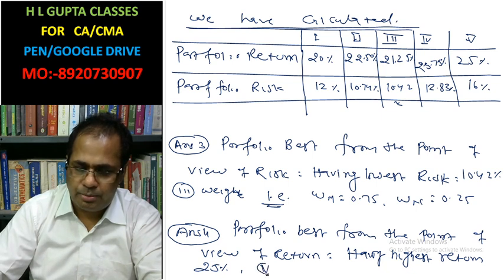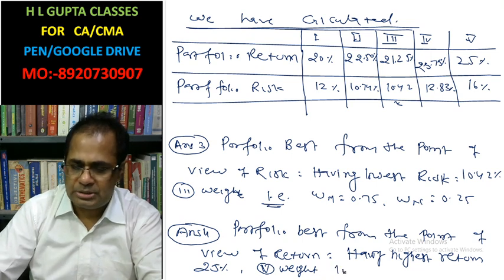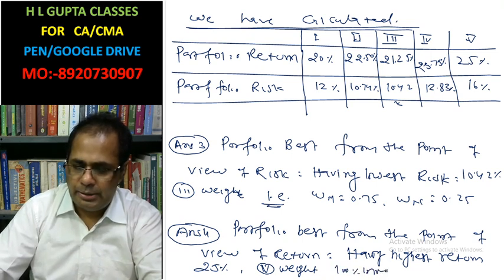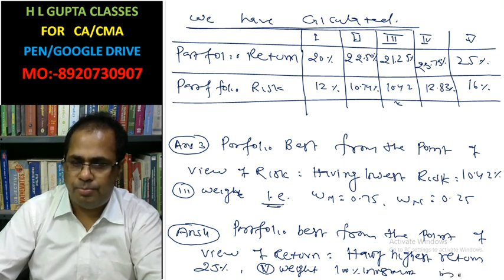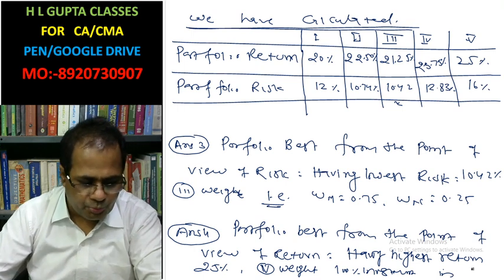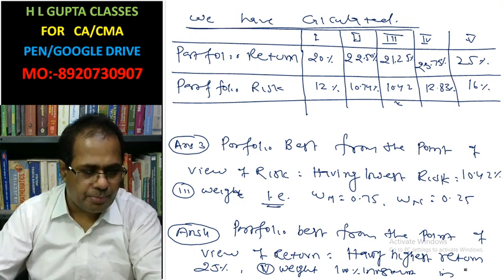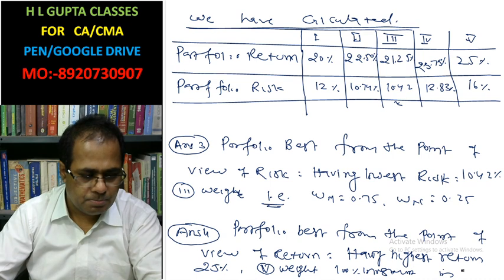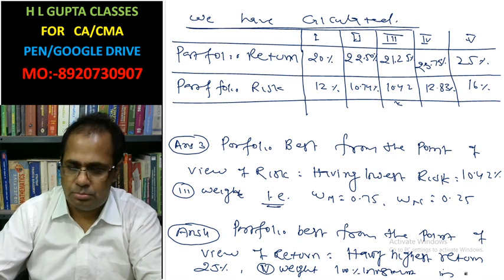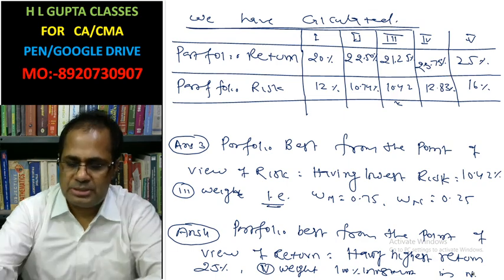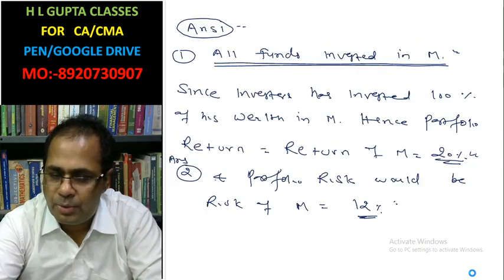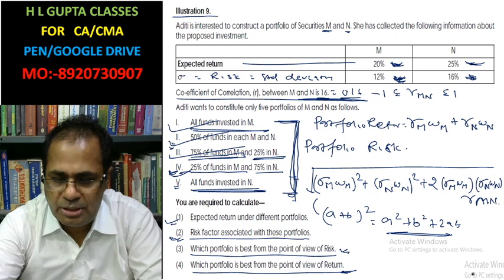In the fifth weight, 100% investment in which security? 100% investment in N security.